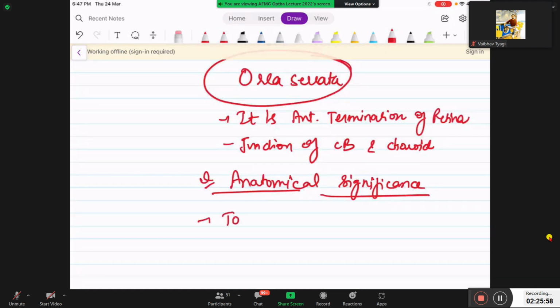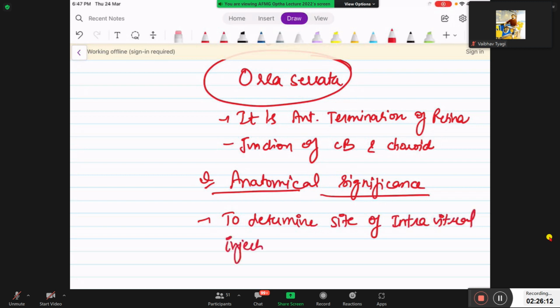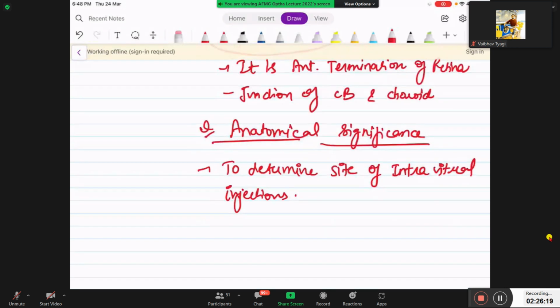Write down, it helps to determine the site of intravitreal injections and the point of penetration of the needle.